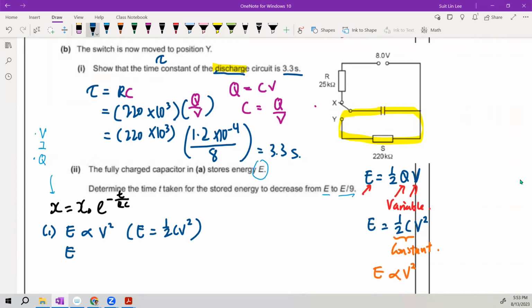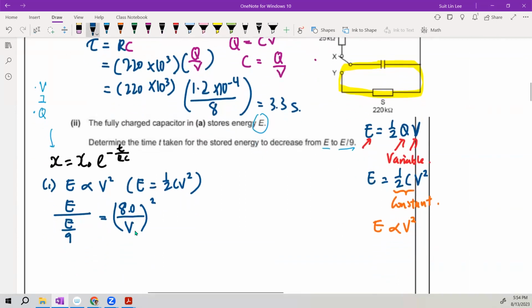So because of this, E divided by E over 9 is equal to the initial voltage, 8 volt, divided by the new voltage, squared. So from here, I will get 3, because this is 9, right?